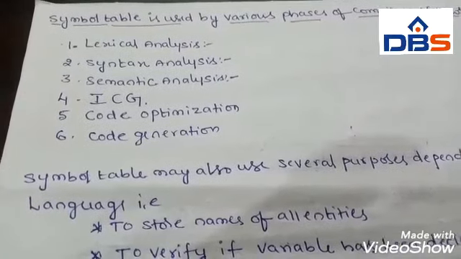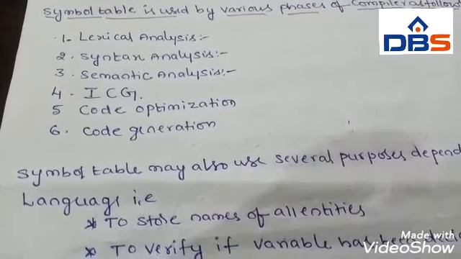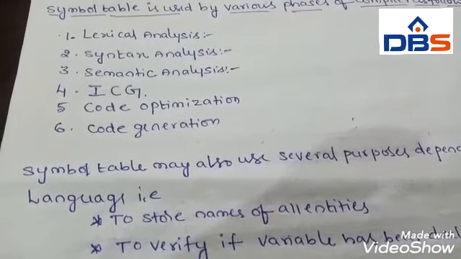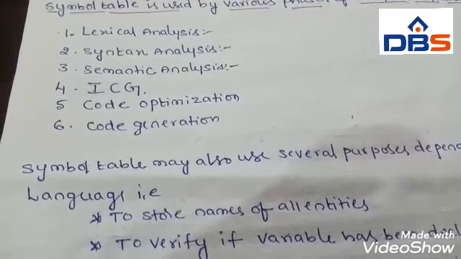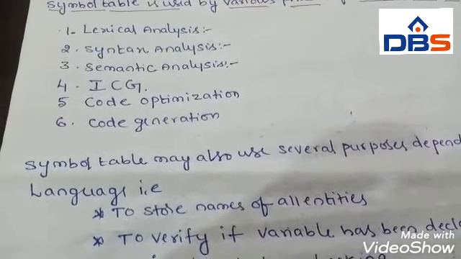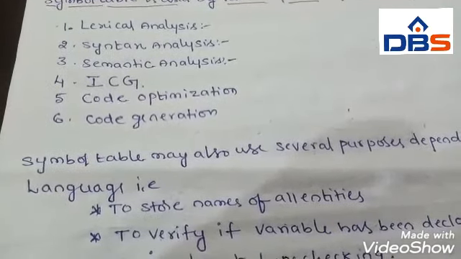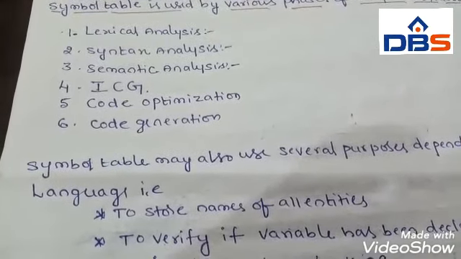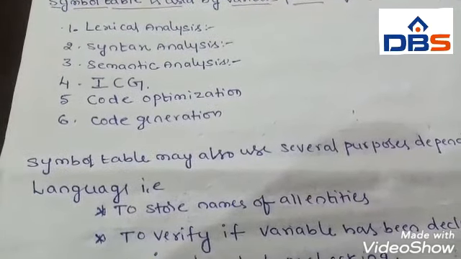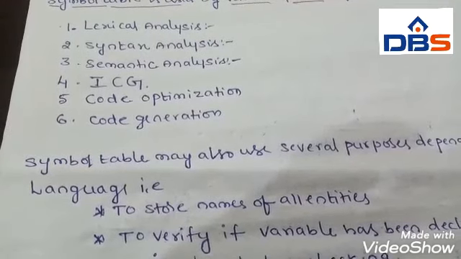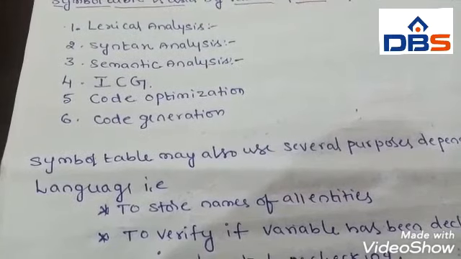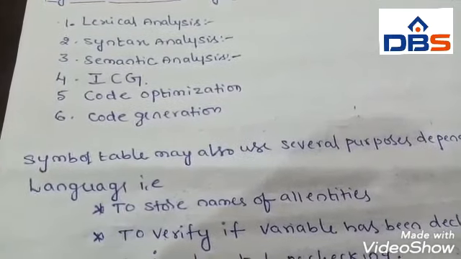The third one is semantic analysis. It uses available information in the table to check semantics, that is, to verify that expressions and assignments are semantically correct, and updates it accordingly. The fourth one is intermediate code generation. It refers to the symbol table for knowing how much and what type of runtime storage is allocated, and the table helps in adding temporary variable information.